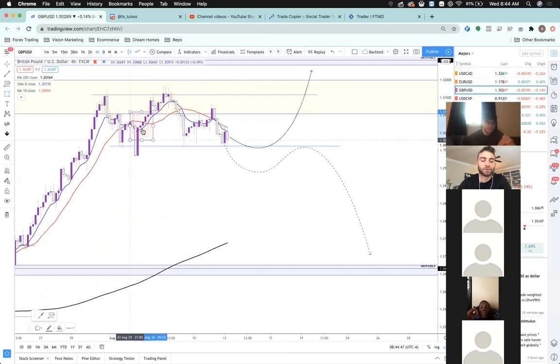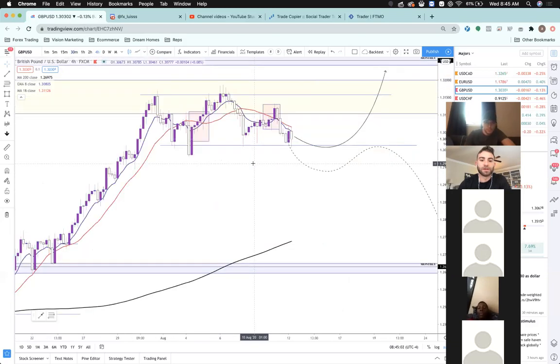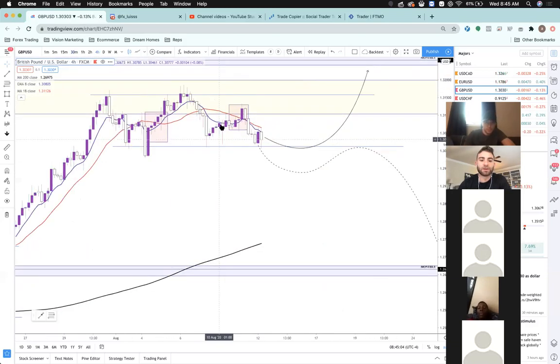Once it confirms that cross, we had it, it was close here. I'm going to go down to the 30-minute and look at this. This was very close once this all went down. I'm going to go all the way down to the 4-hour, the lower time frame. So we had a lot of low volume candles in this area below the moving average. But on the 4-hour, we need to get above the moving averages.